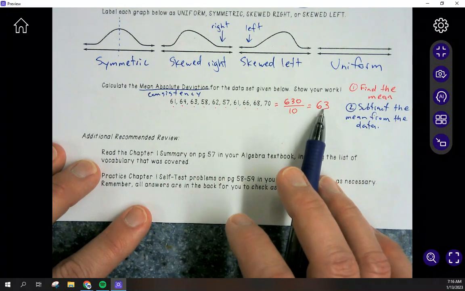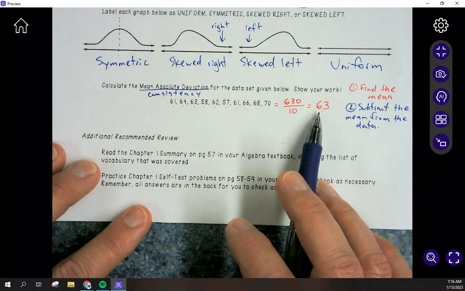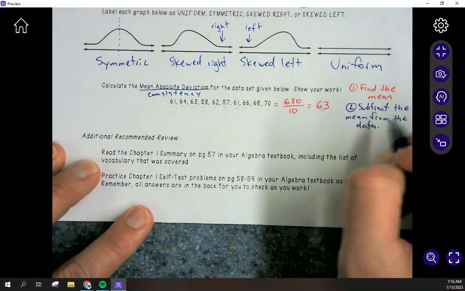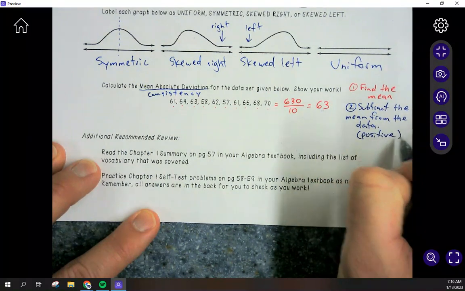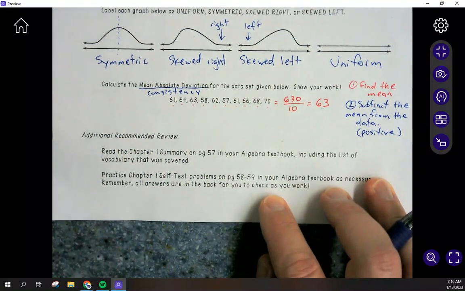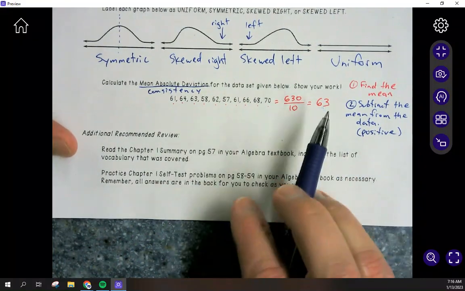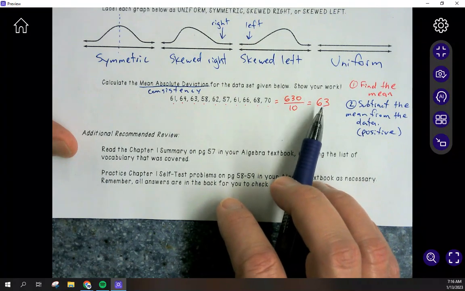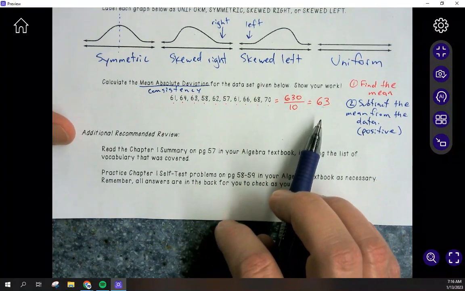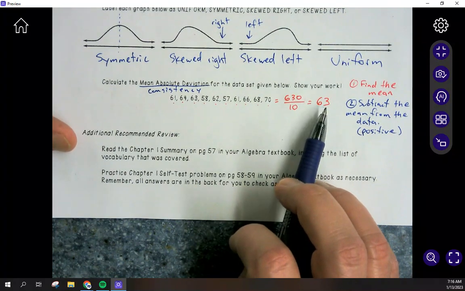We express all of these as positives. Biggest mistake you see is that people express these as negatives because they just subtract, and depending on which direction you subtract, you might get a negative. We're not interested in that. We're looking at distance. So like 62 is 1 away from 63, and 64 is 1 away from 63. Those would both be expressed as just 1.